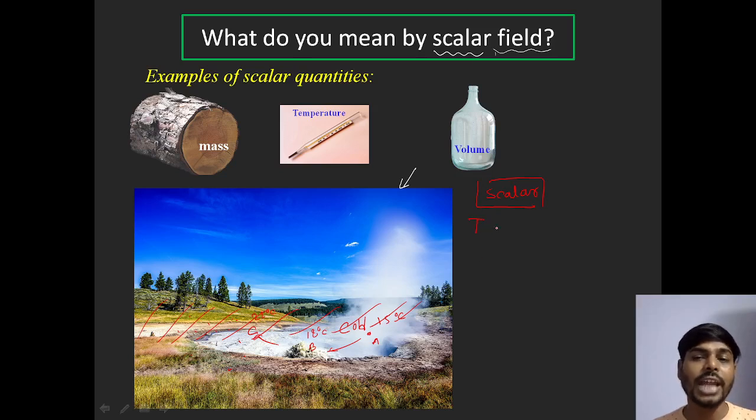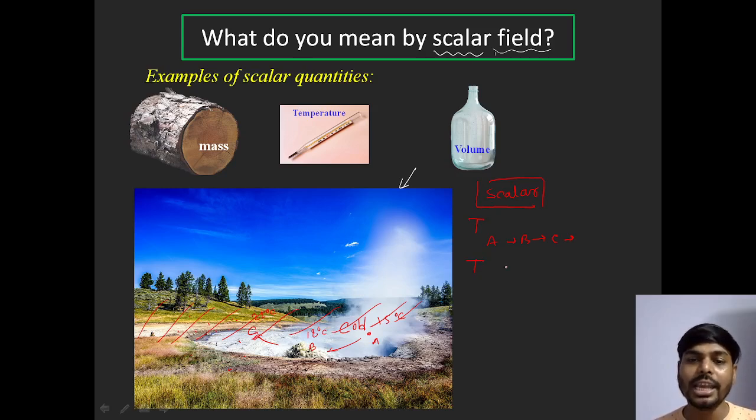So temperature at each and every point, if you move from A to point B to point C and so on, for different points, obviously you will get some values of temperature. So we can think the temperature is continuously spread over this place. So right now temperature is a temperature field, and this field can also be called a function. Why?